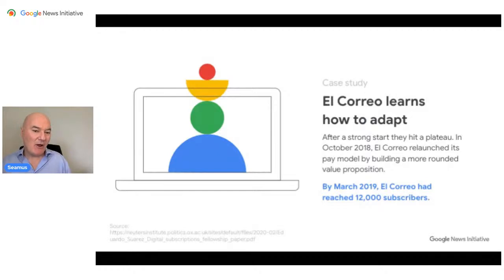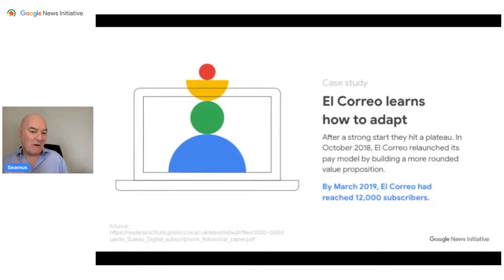So El Correo, one of the top-selling daily papers in Bilbao, the Basque country of northern Spain. After grabbing 4,500 digital subscribers, El Correo said they hit a plateau. Page views dropped. Advertising revenue didn't fall as much as they feared, but this was because the most expensive ads were the ones on the homepage, and those were not behind the paywall.